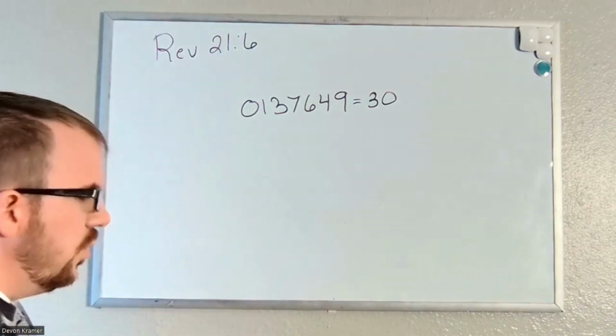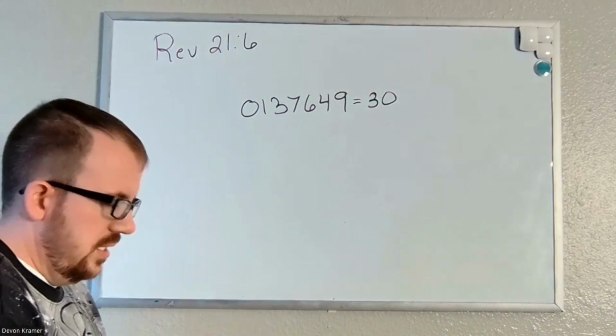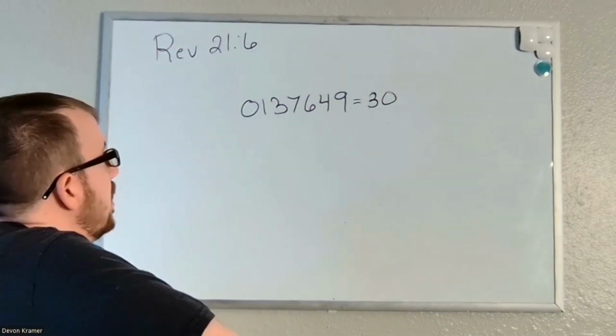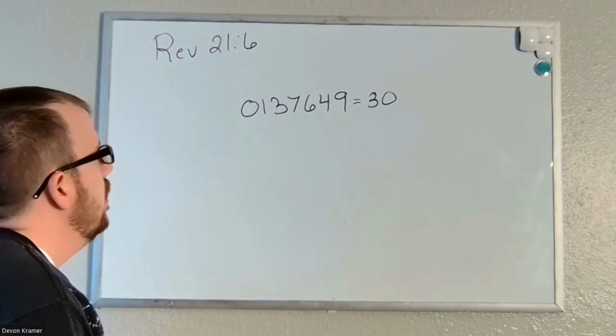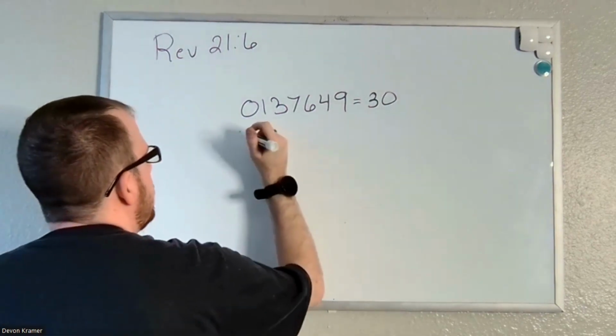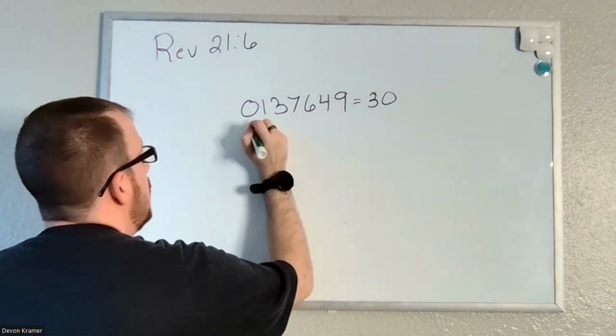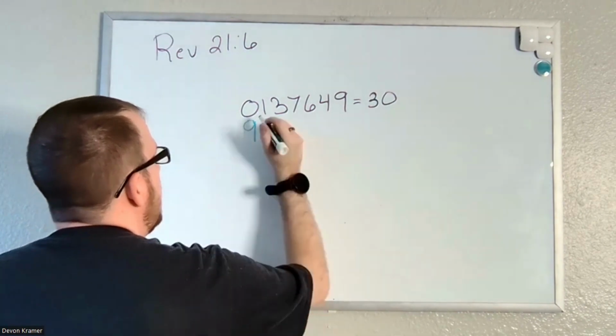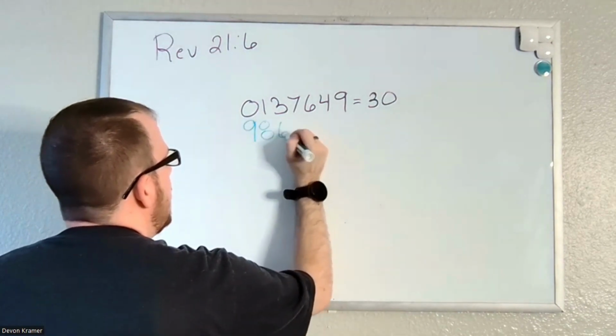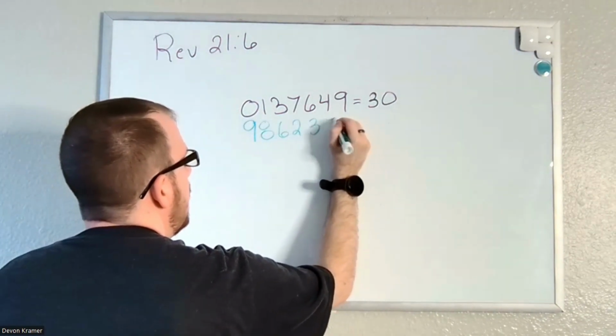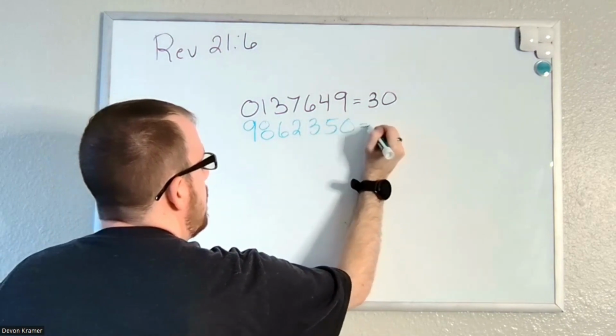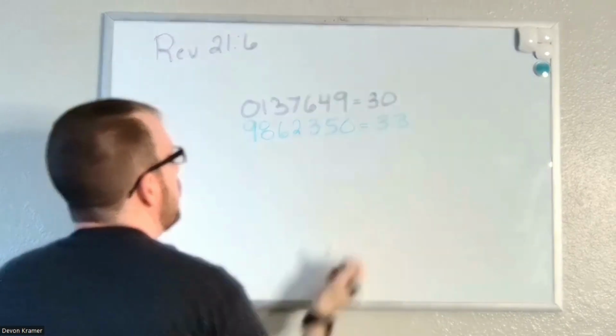Now, we also know that there is an Omega. Again, I tried to change up the colors so you guys can actually see this. The Omega is going to start with a 9, and then it is going to be 8, 6, 2, 3, 5, and 0. And this is going to be a total of 33.